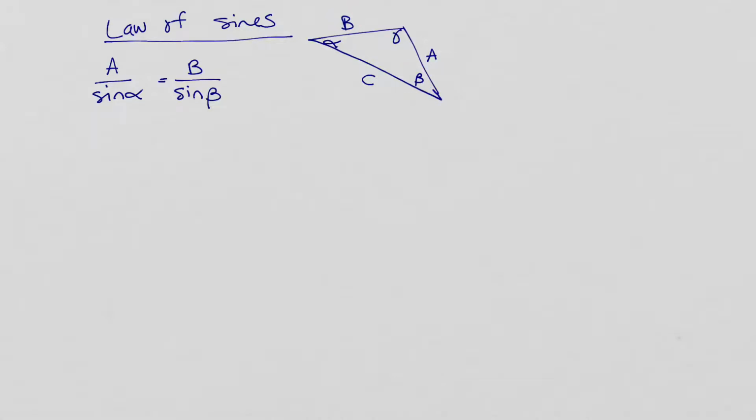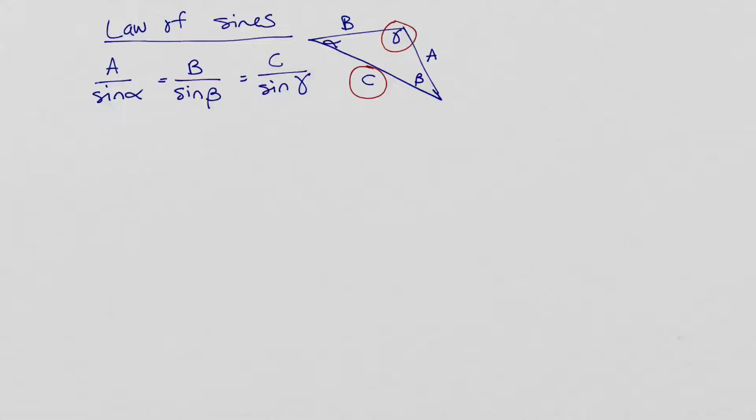And that equals C over, you should be able to figure this out now, C over the sine of gamma. So that's the law of sines that can be helpful for you.